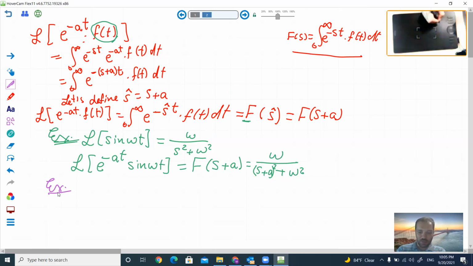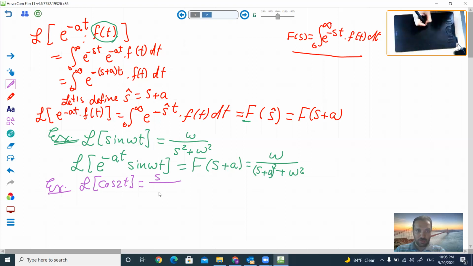And let it be a numerical example. It is given that the Laplace transform of cosine 2t equals s over s squared plus 2 squared. So in general, the Laplace transform of cosine omega t equals s over s squared plus omega squared.